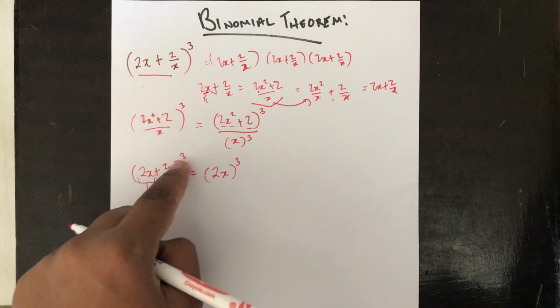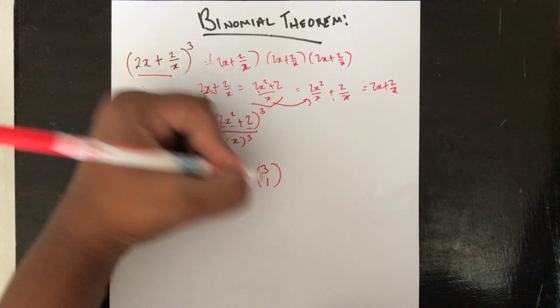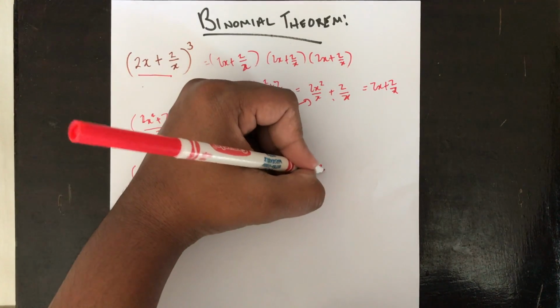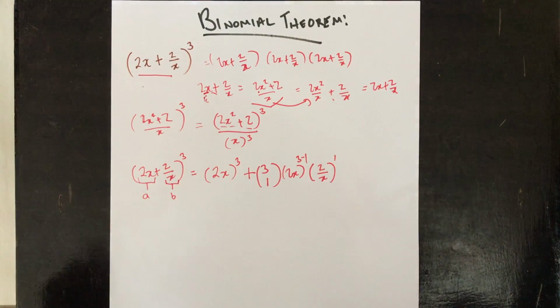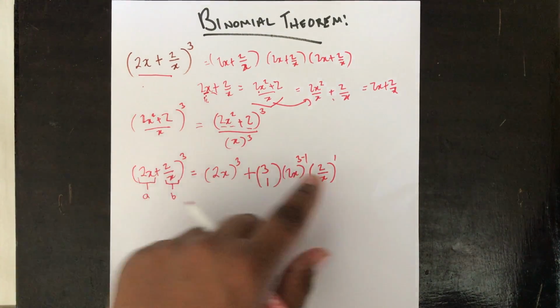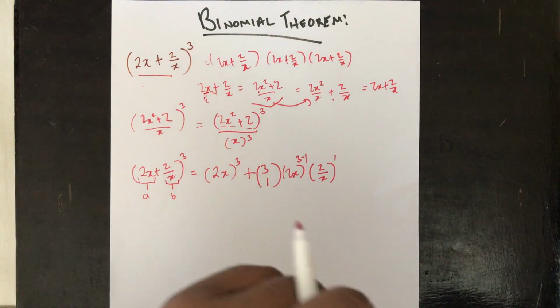So I have (2x)^3 + 3 choose 1 times (2x)^(3-1) times (2/x)^1. My a term is 2x, my b term is 2/x, and I'm just playing around with the powers the way it was in the binomial theorem.